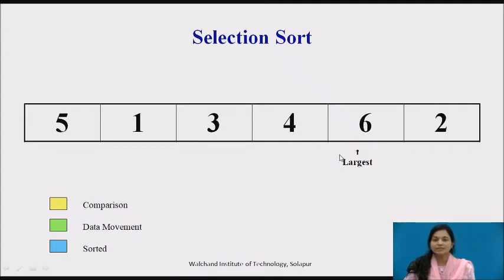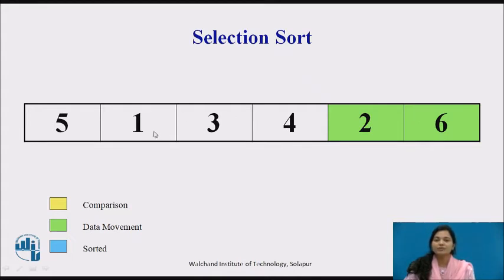Now the second step: the largest value in the array we have checked up till the end is 6. Now 6 has to be moved to the last position, so here it will be moved to the last position.